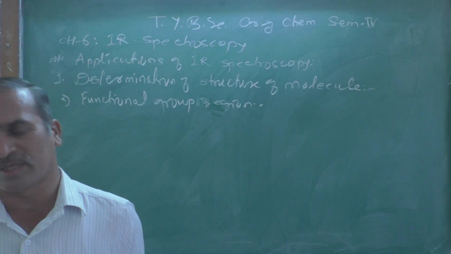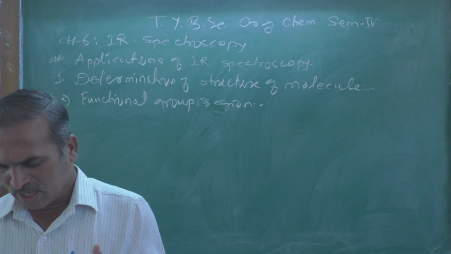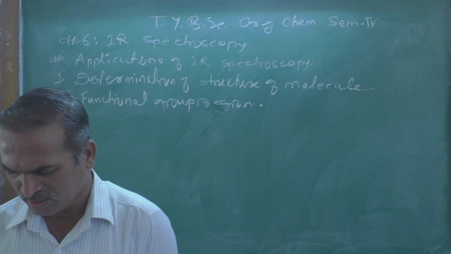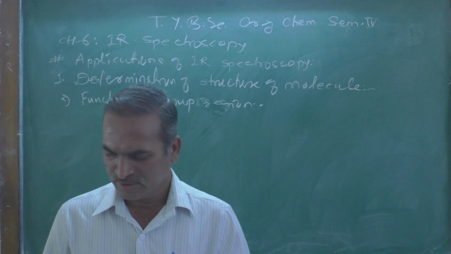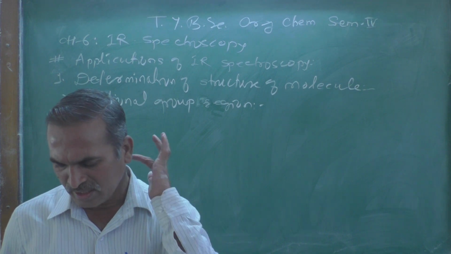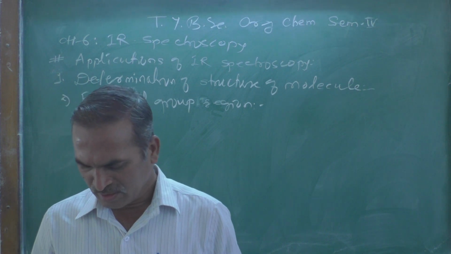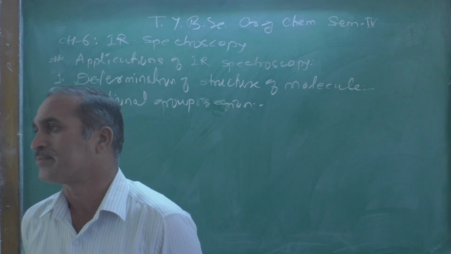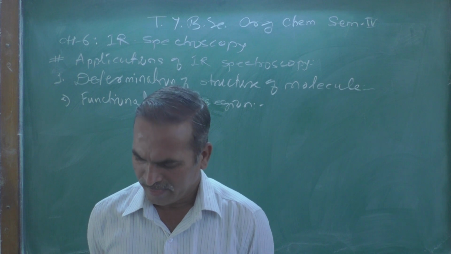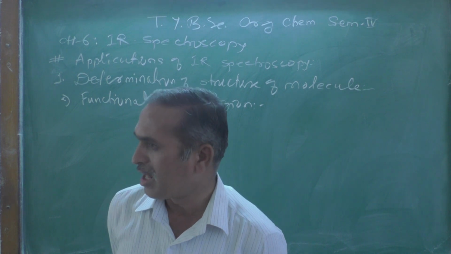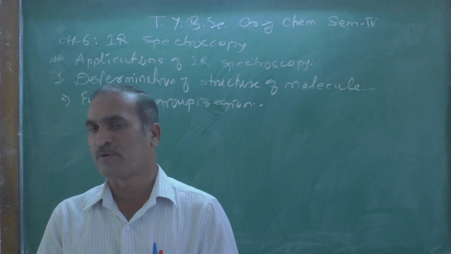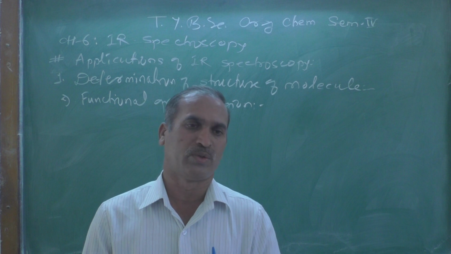It is very important, because the absorption of peaks in the functional group region will help us to detect the functional group present in the molecule. The observation of a peak in the functional group region will help us to detect the functional group present in the molecule.